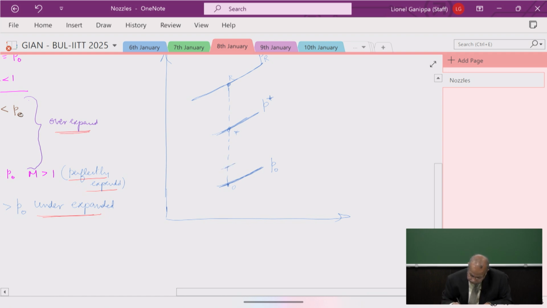Sometimes the exit pressure can be here, where exit pressure is greater than P naught, which is under-expanded, which hasn't expanded. Sometimes you can have a situation where PE is less than P naught, which is over-expanded.